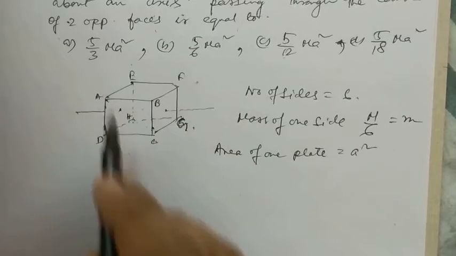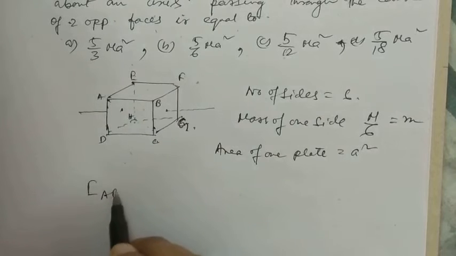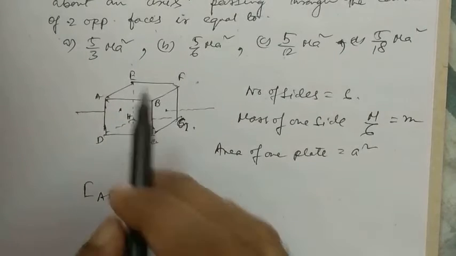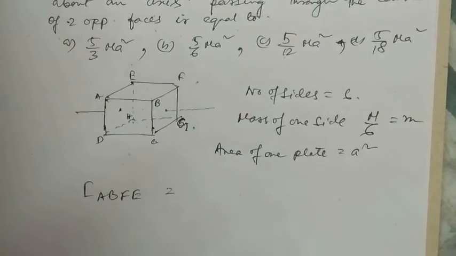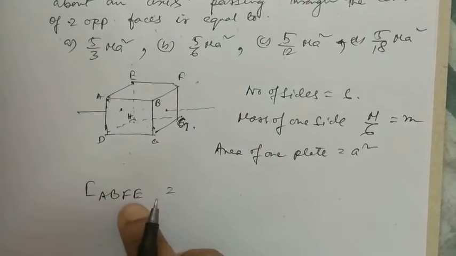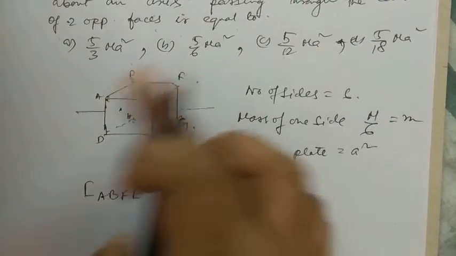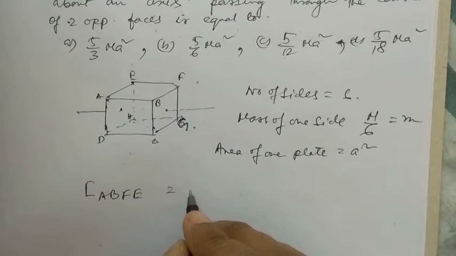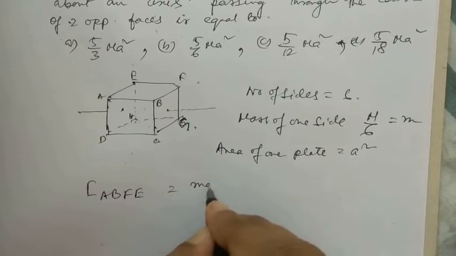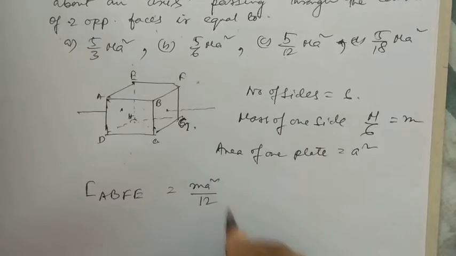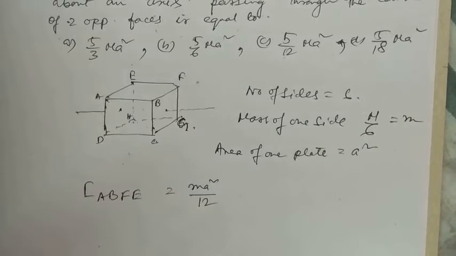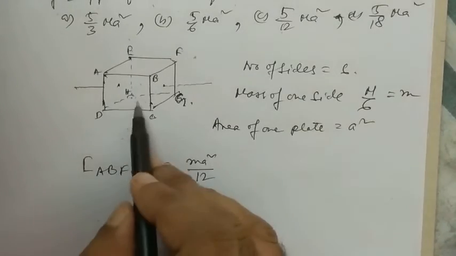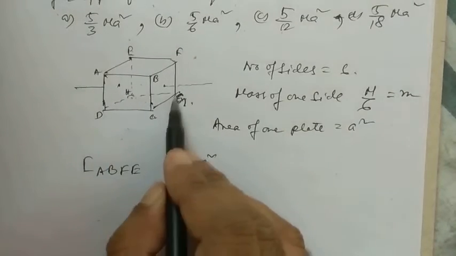Let us take for example I of ABFE. We can also call this the ceiling of this cube. Now what is I of ABFE? This is the ceiling. So for that we know that it is ma square by 12. Similarly for this case, the floor is DHGC.